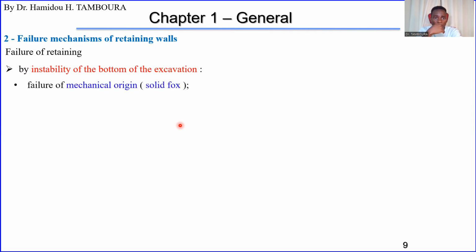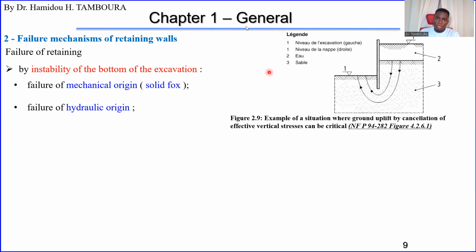Okay, so we have the failure of mechanical origin, solid forces. Maybe you know, if you remember your soil mechanics class. We may have also failure of hydraulic origin, meaning hydraulic failure. This is an example.